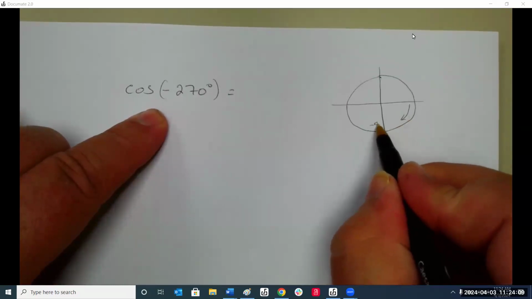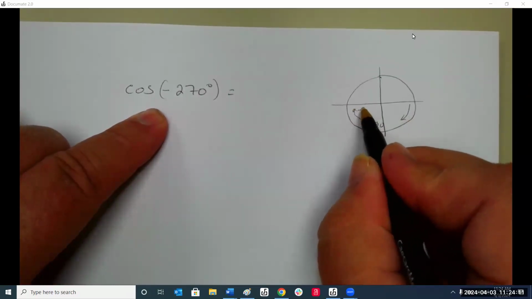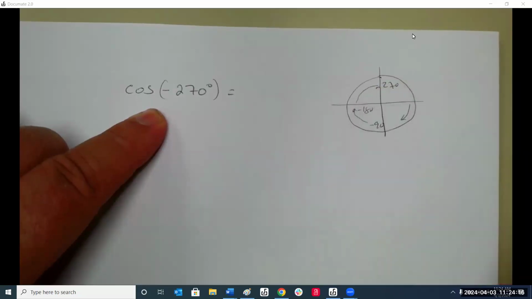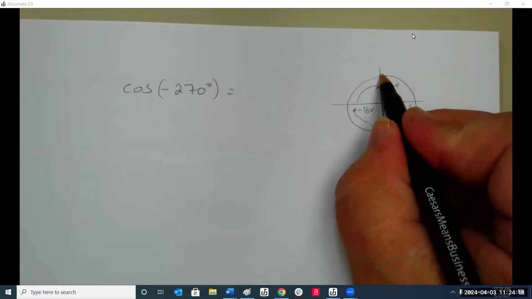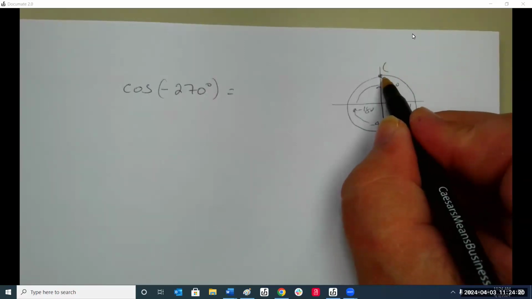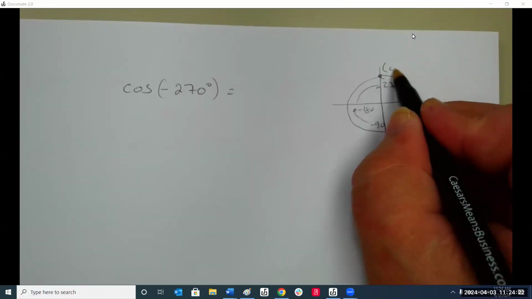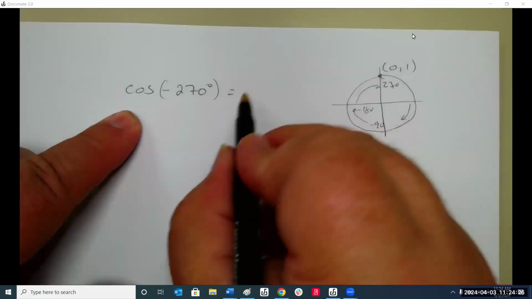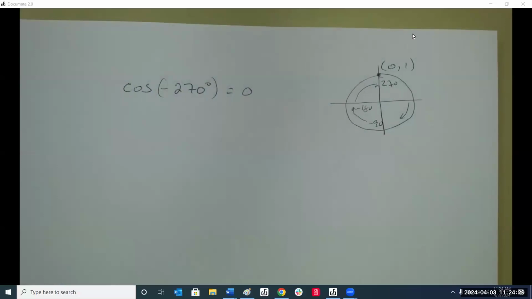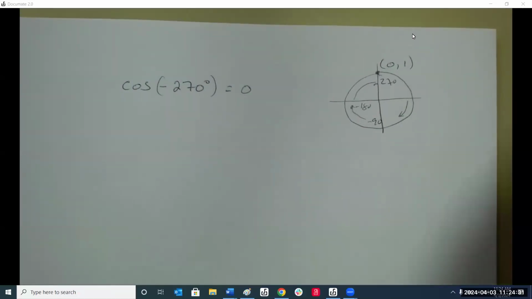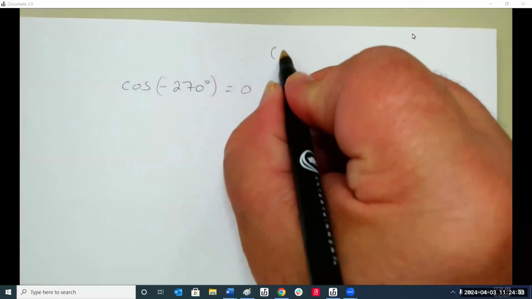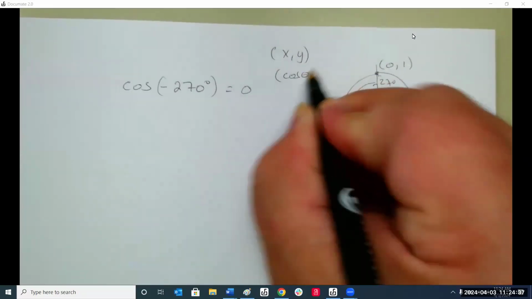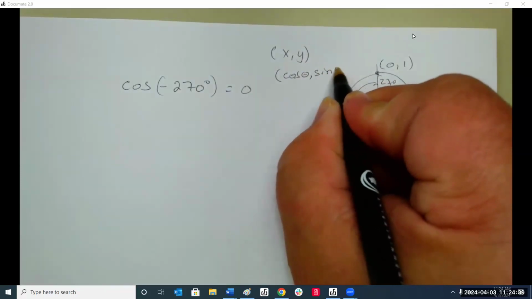This is -90. This is -180. This is -270. So what's the location there? What's the cosine of that point? 0. Remember, all our points are x and y, which are the same thing as cosine and sine.